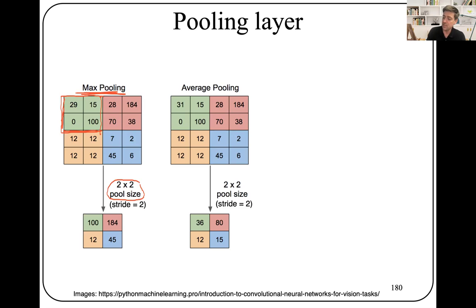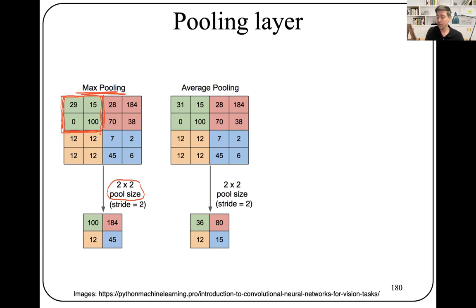And what that means is that we're going to consider sub-regions in our image or our feature map, which have a size of 2x2. And then within each of these regions, we're going to take the maximum value.